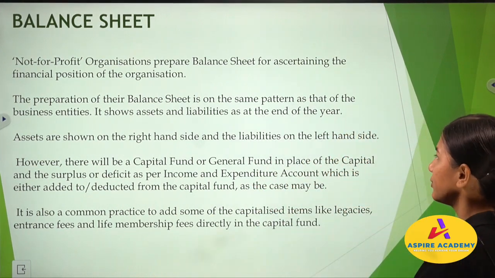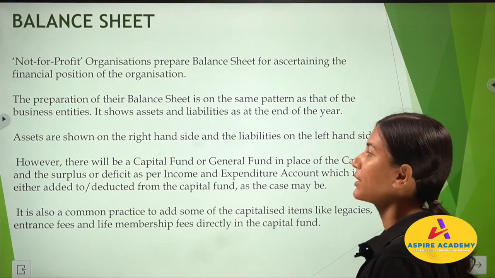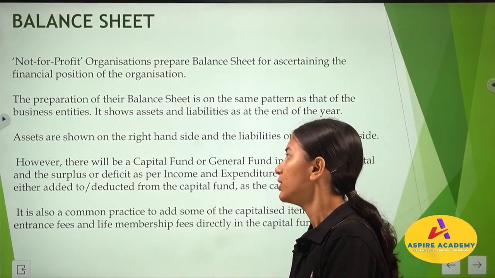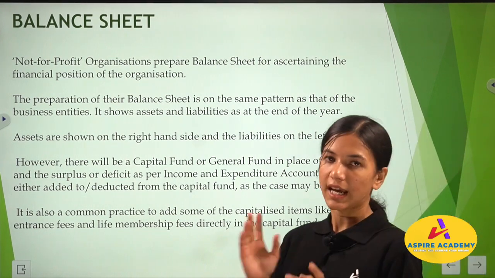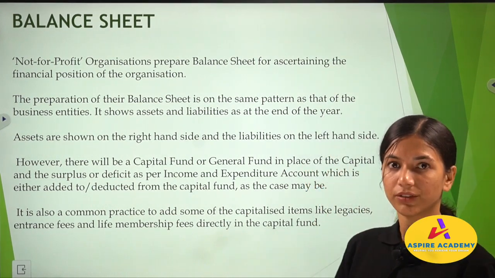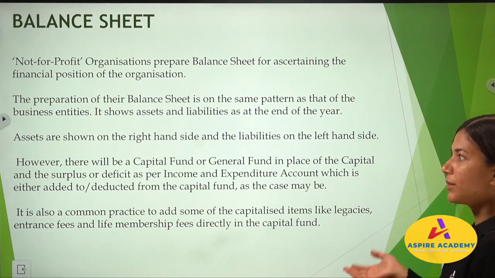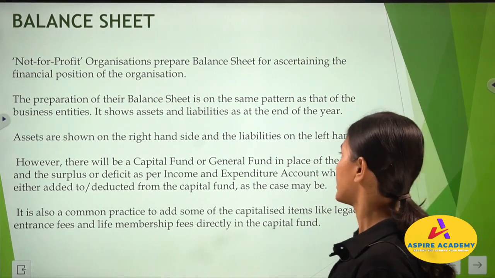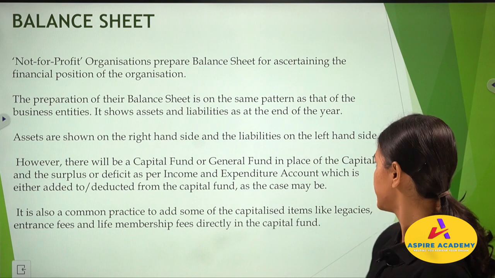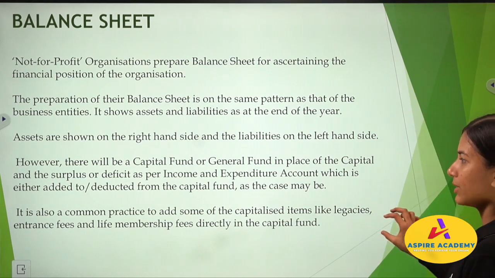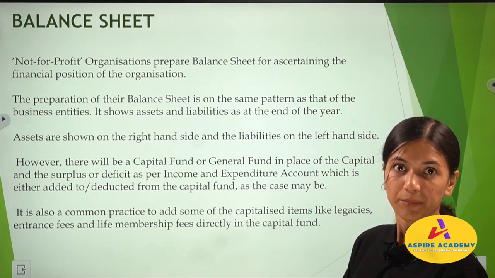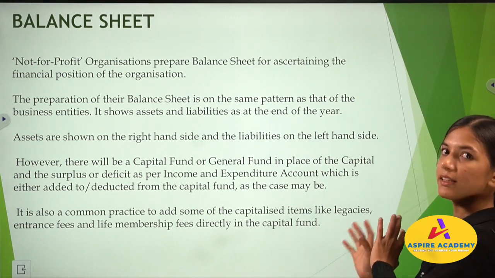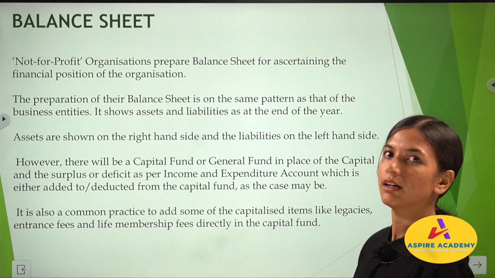That capital fund will be shown in place of your capital account. If there is any surplus for the year, that would be added, and if there is any deficit for the year, that would be subtracted from the capital fund. Next, there are some items that are also capitalized in the year, so those things are also shown on the capital side.